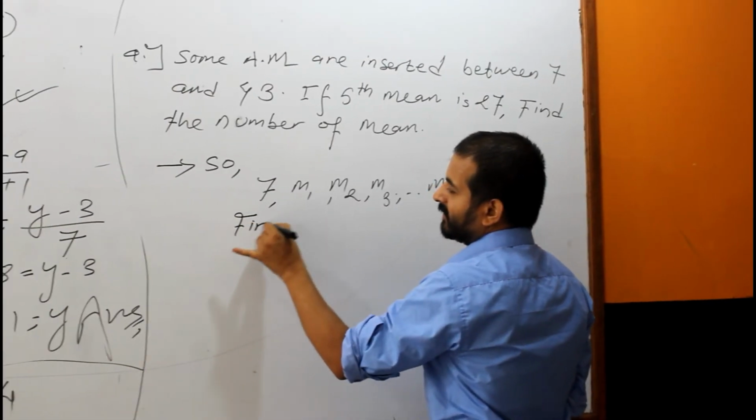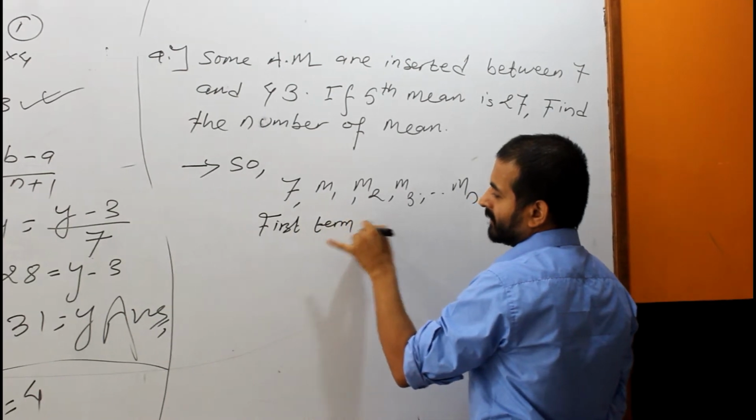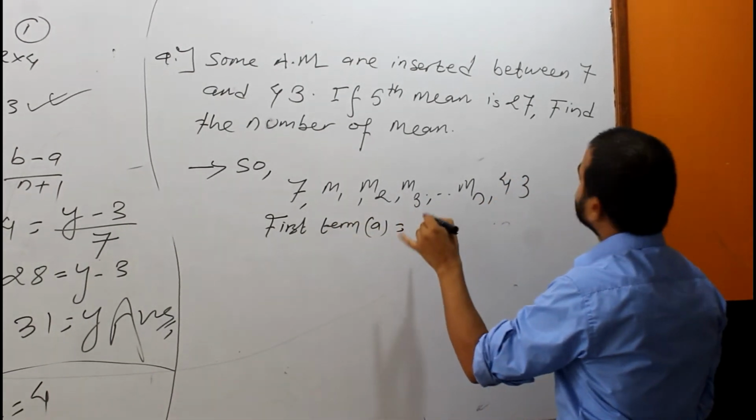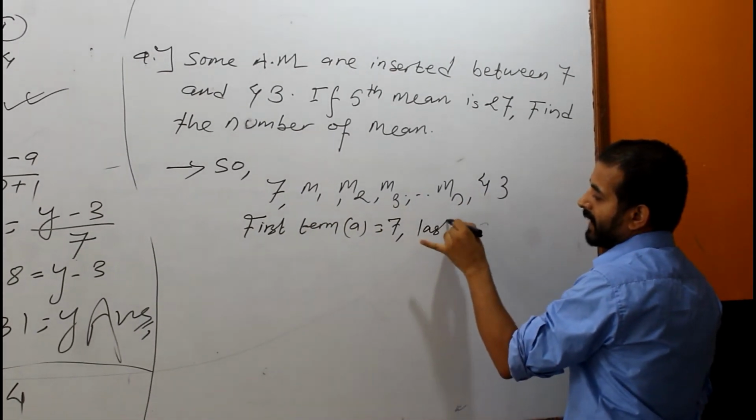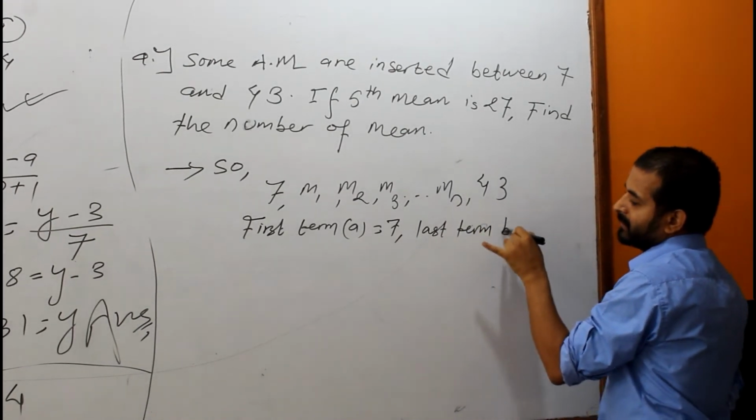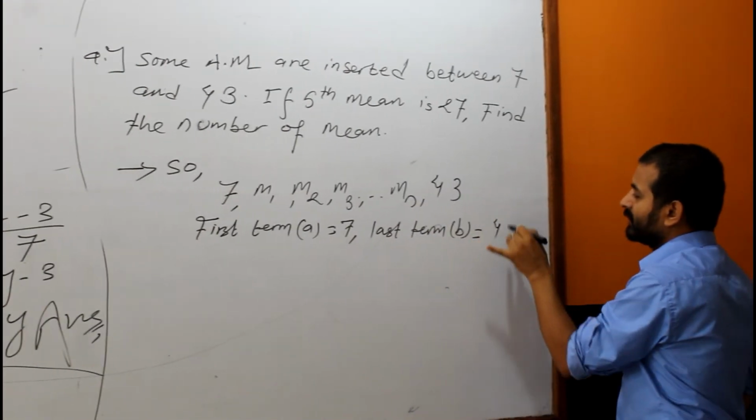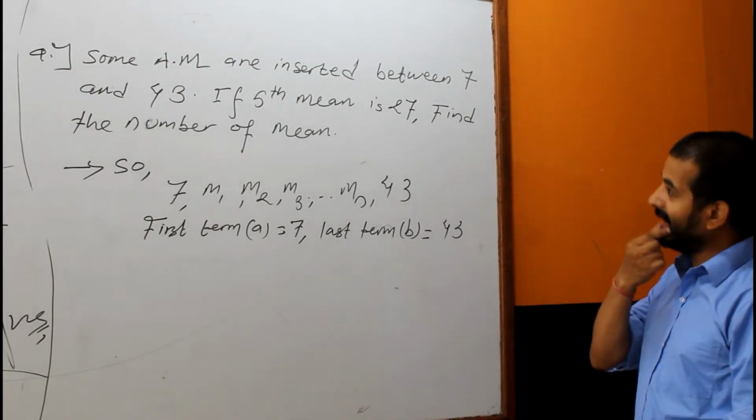Number of means we don't know. So here the first term A equals 7. Last term B equals 43.